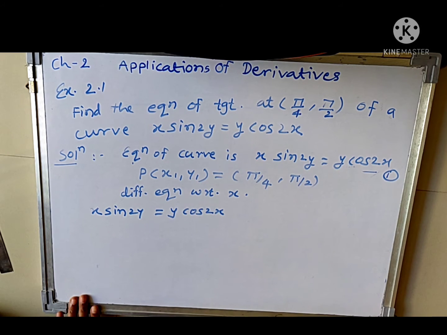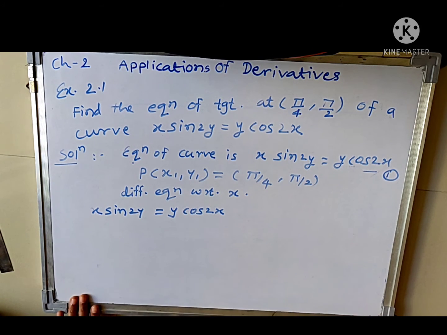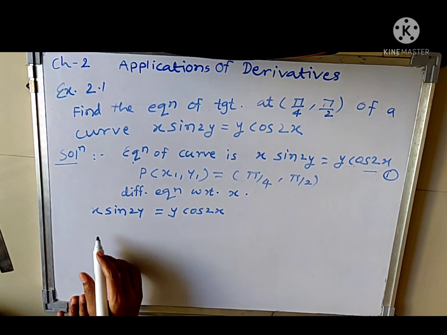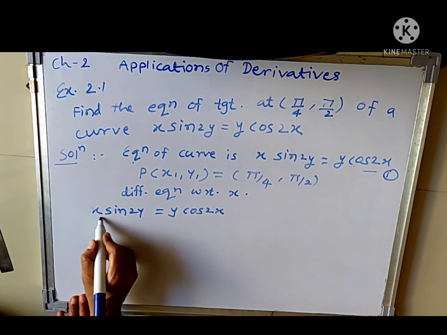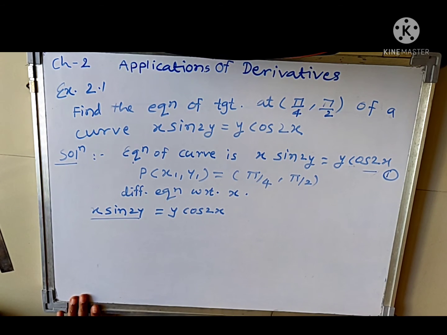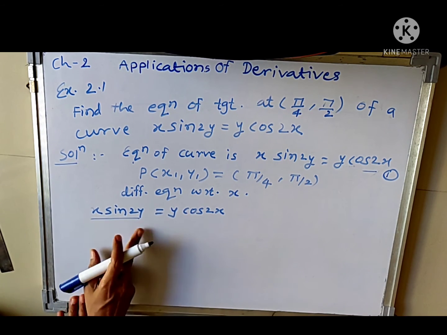Then how to differentiate an implicit function? Here we have to differentiate with respect to x. Where there is a y, you differentiate with respect to x and for y terms you write dy by dx.